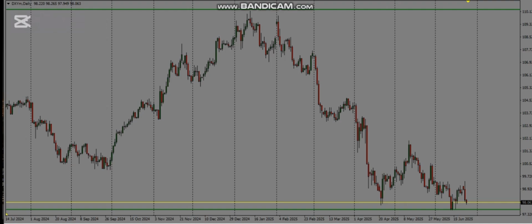This is our high. As you can see, you need to count the push ups and pullbacks. This is the first drop, a pullback, a second drop, a pullback, and a third drop. So this is our first level of drop on DXY on the daily time frame.